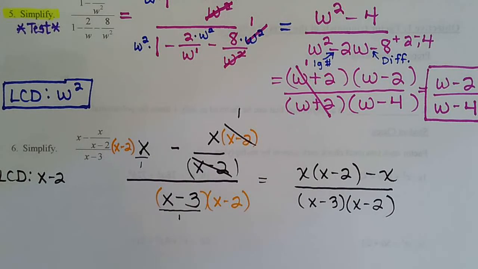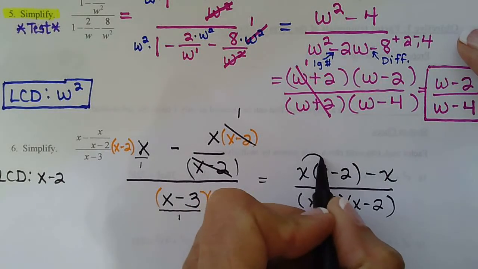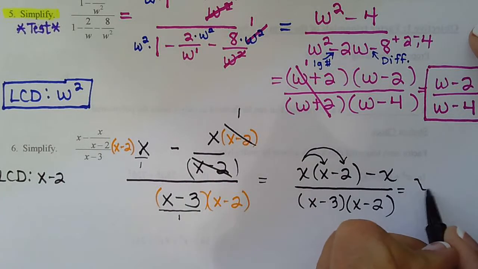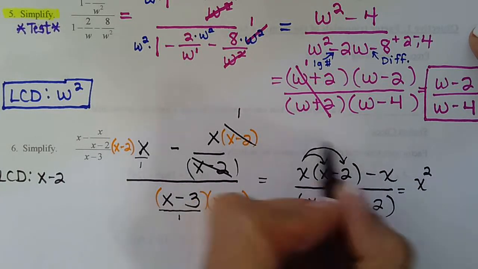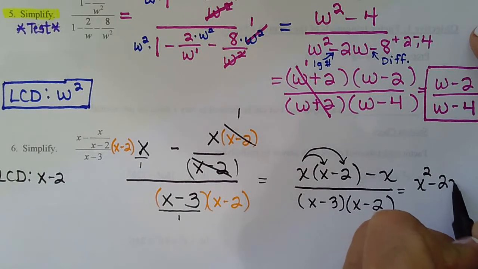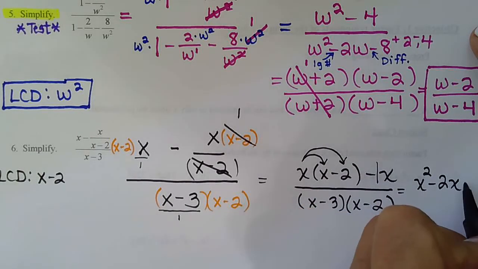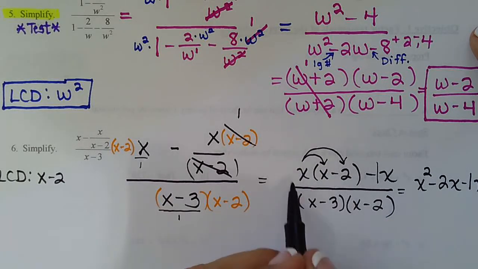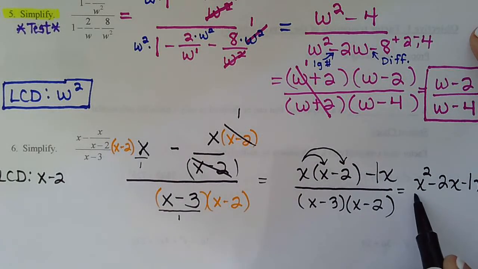So look at our new fraction. No fractions within fractions, just the one single bar. So now it's just a simplified problem like number 2 again. So distributing, we get x squared minus 2x. And then I'm going to put the 1 there to help us with like terms. So x squared minus 2x minus 1x.